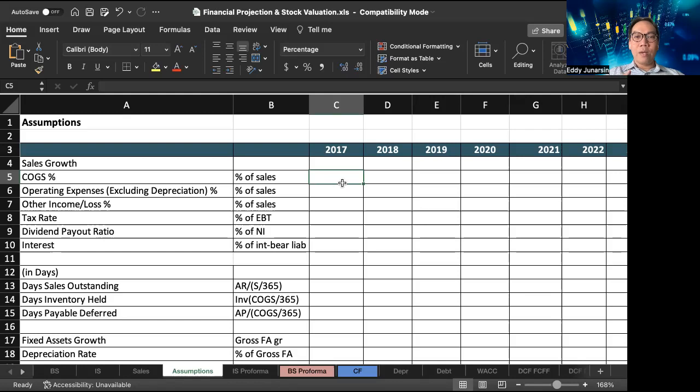In this example, to make it easy, I'm using the percentage of sales method. The cost of goods sold in our example here is determined by the percentage of sales method, and the cost driver is the sales. So let's look at 2017.